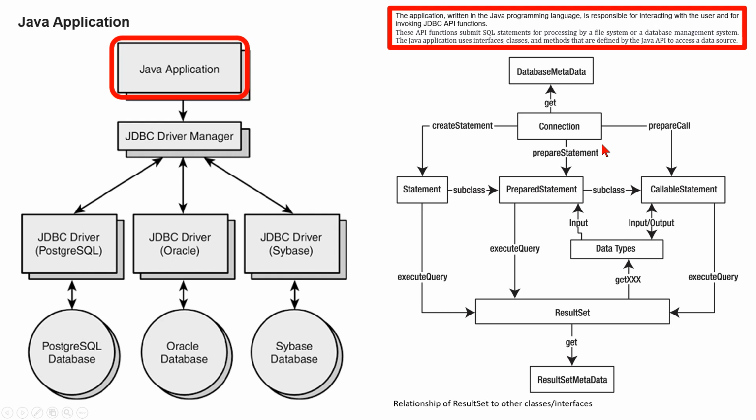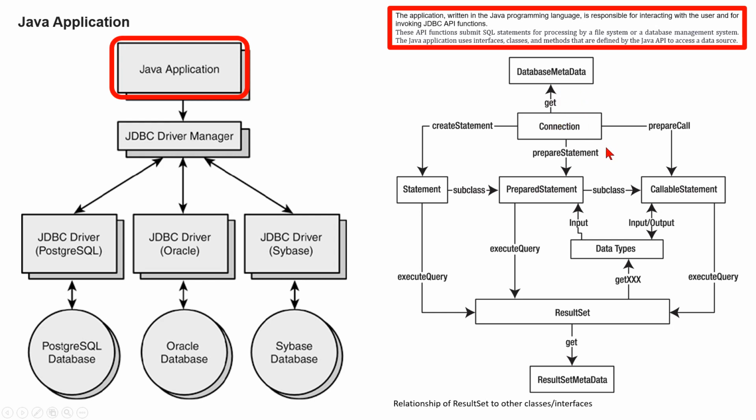Then, to find out the names of the database views, tables, and columns, so-called metadata, you need to get an instance of the DatabaseMetaData object from the Connection object.